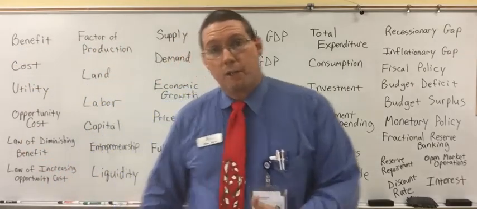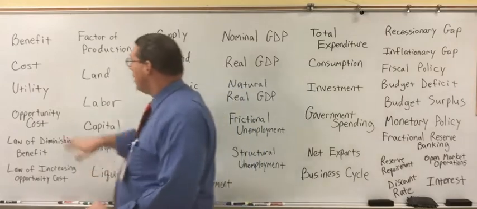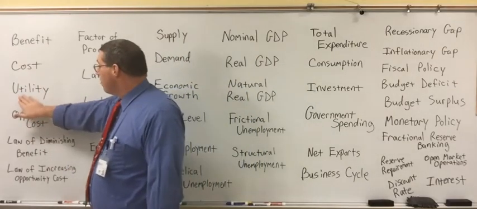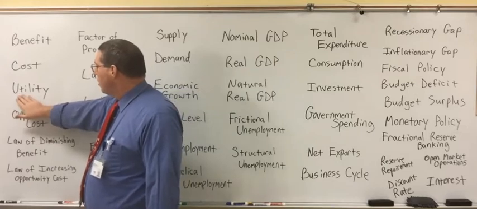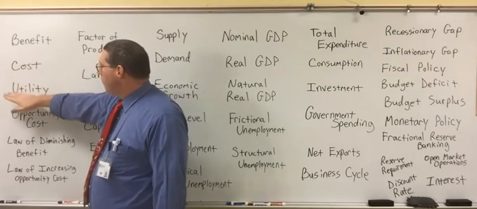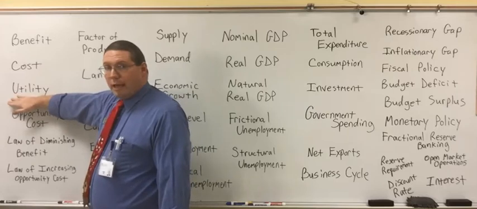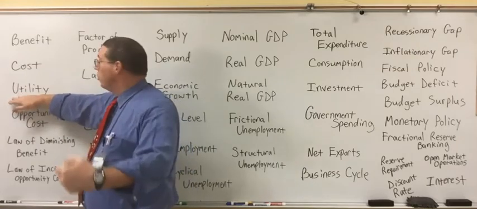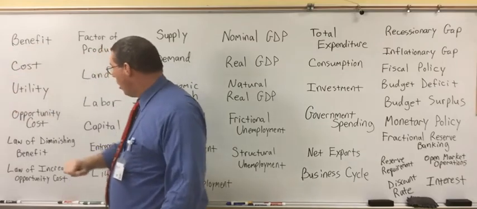And so you can actually experience negative utility if your costs are greater than your benefits. So utility is the overall satisfaction that you get from making a decision, and the basic idea is it's the net value of the benefits minus the costs.